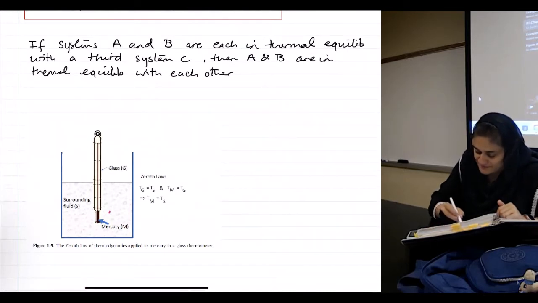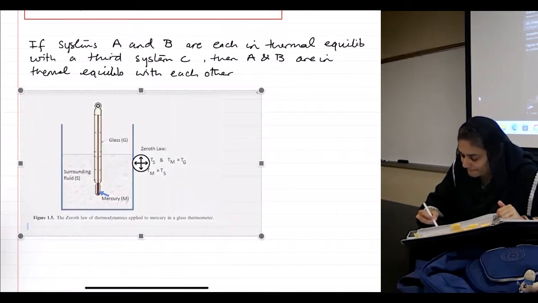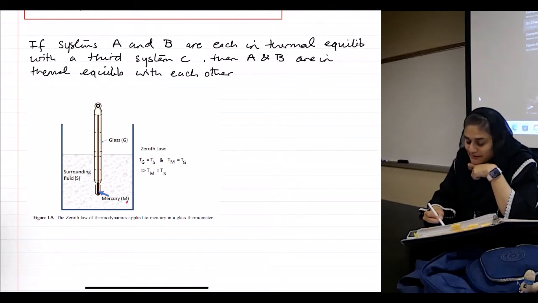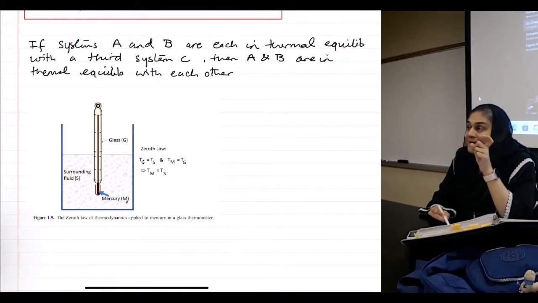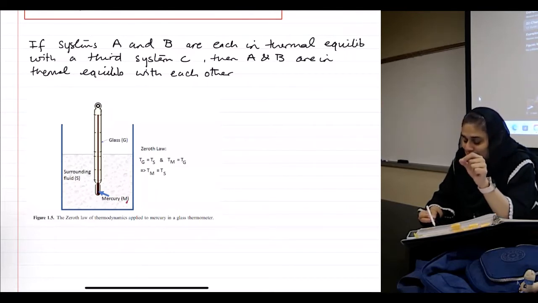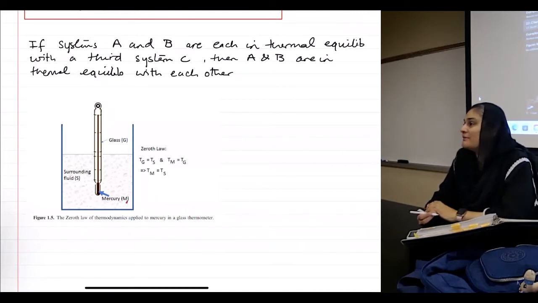a system like this, where I have a glass thermometer, a glass casing, a mercury inside the glass, and some fluid that's surrounding it, the Zeroth law states that if the glass and the surrounding fluid are equal in temperature, then the mercury and the glass have to be at the same temperature, which implies that the mercury has to have the same temperature as the surrounding glass.